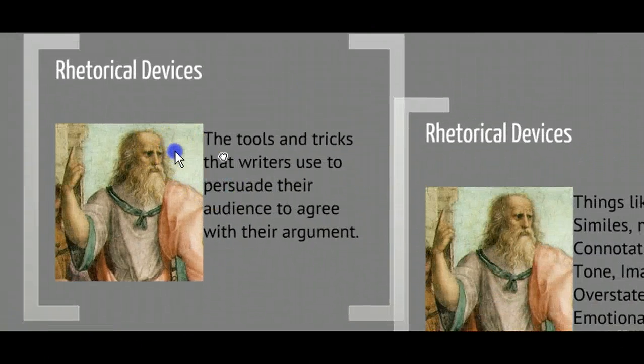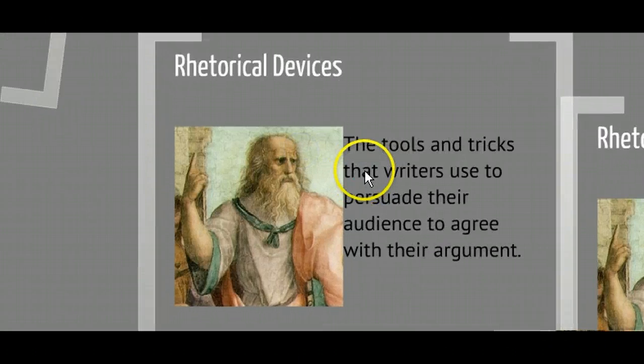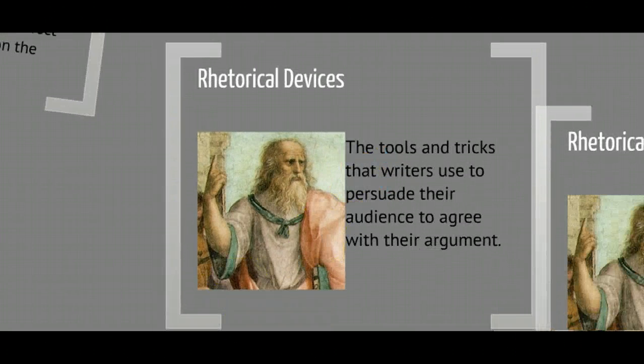You might have heard us talk about things like this in your English classes before, and we call them literary devices or literary techniques or literary strategies. Those would be things like theme, simile, metaphor. When we talk about those in a piece of rhetoric or in a rhetorical analysis, we call them rhetorical devices.